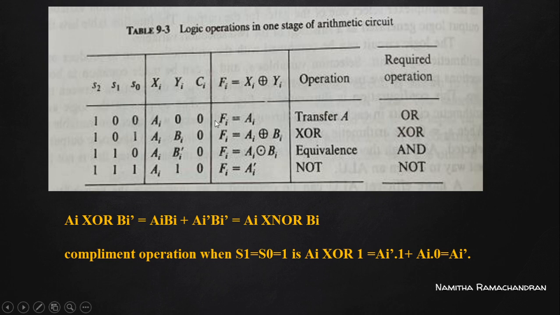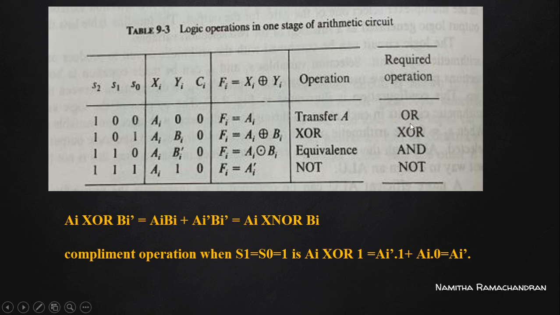Now consider the same along with the value of S2. Whenever this S2 value becomes 1, make the Ci value 0 always, because here we are going to perform a logical operation and we don't want to consider the Cin value. So in all these 4 cases make this Ci value 0. The exact output in this particular case is the transfer operation.